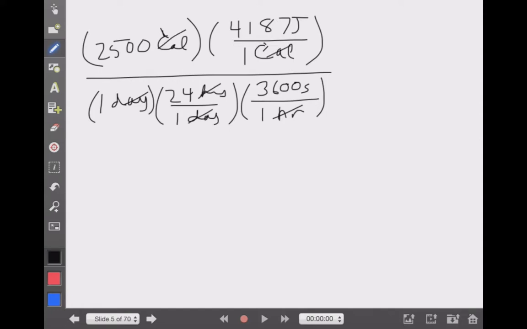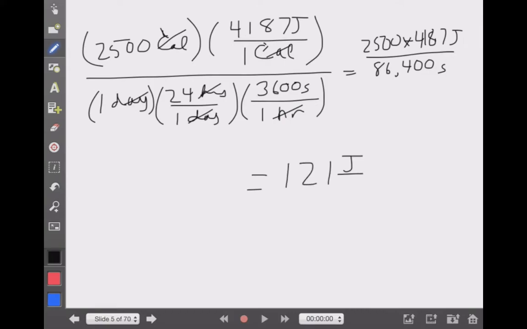And our units here, we're left with 2,500 times 4,187 joules, all over 86,400 seconds. And if we do this math, this is going to equal 121 joules per second, and of course that equals watts.